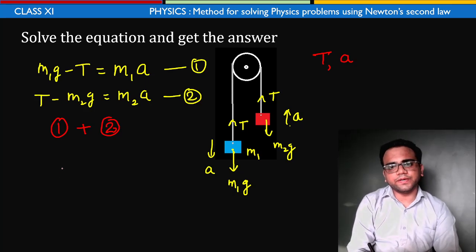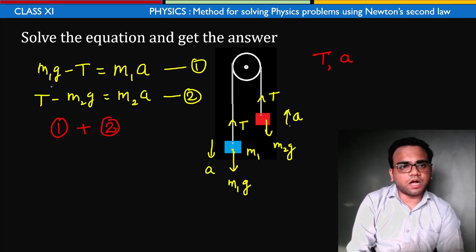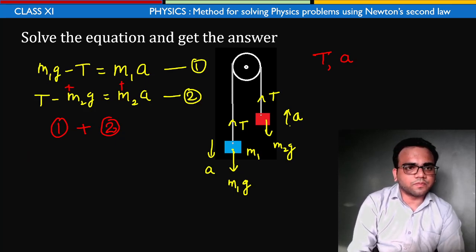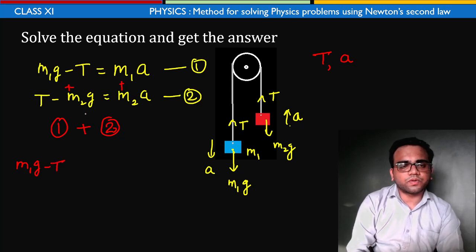So how will you add? You will add the left hand side with the left hand side, and the right hand side with the right hand side. In the first equation, the left hand side is m1g minus T. In the second equation, the left hand side is plus T minus m2g.